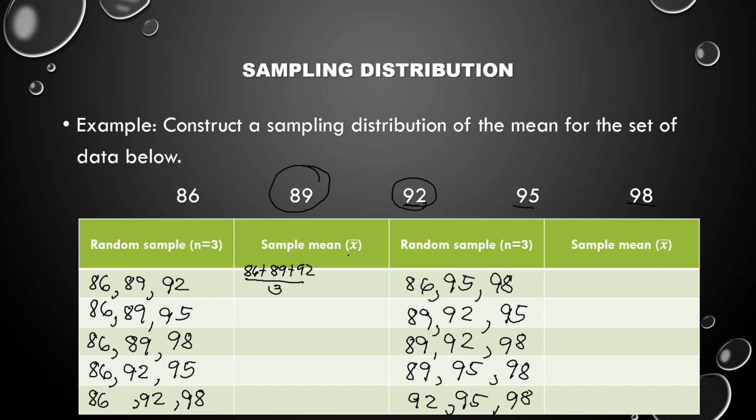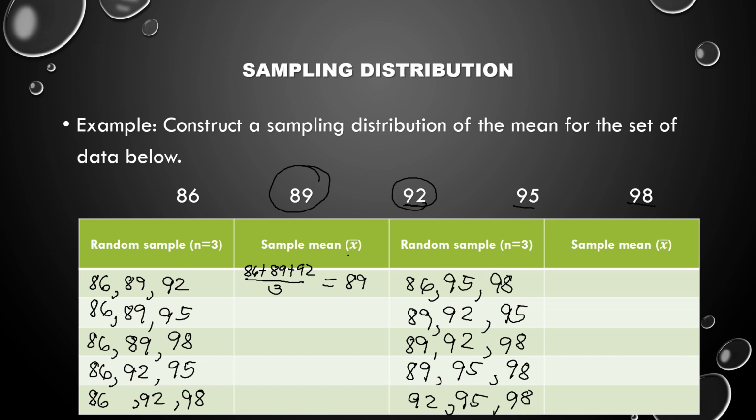So that is equal to 89. So the sample mean here is 89.